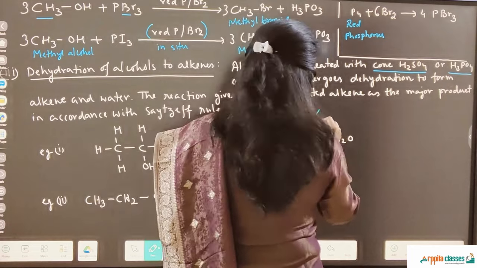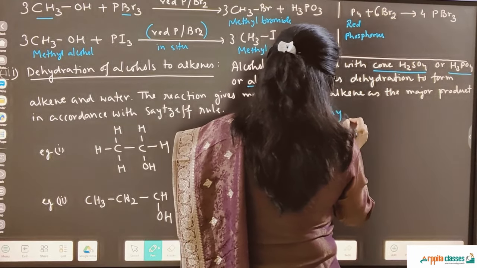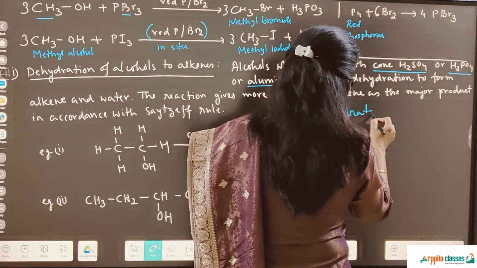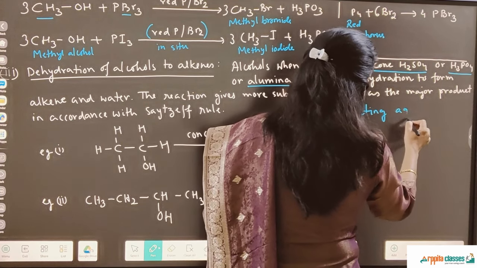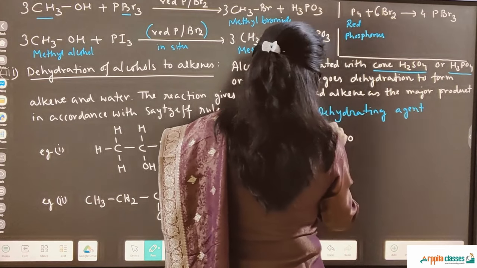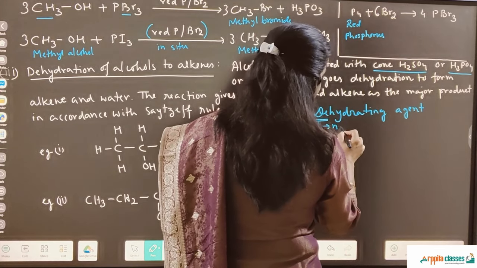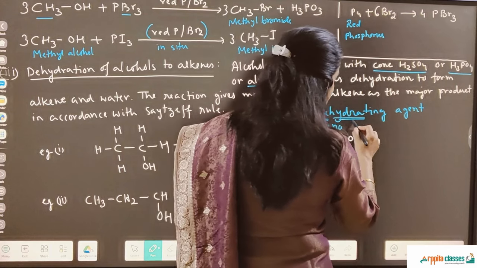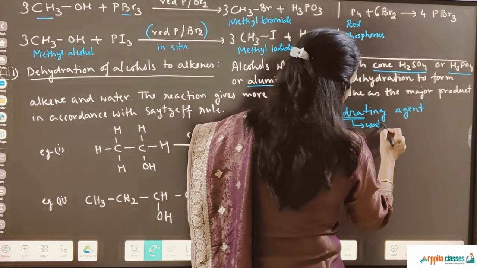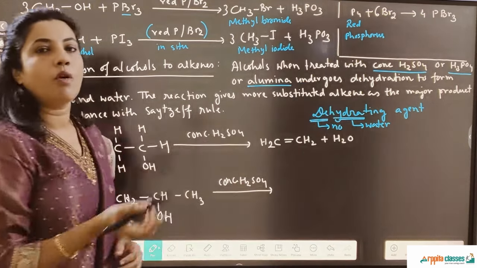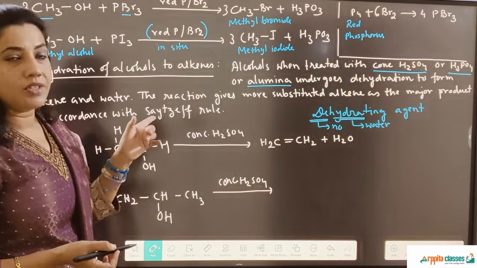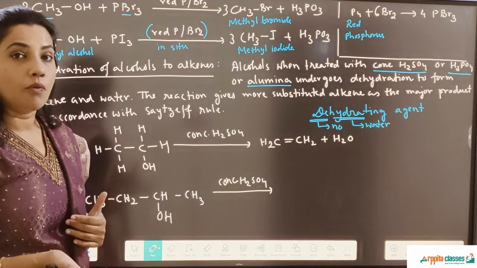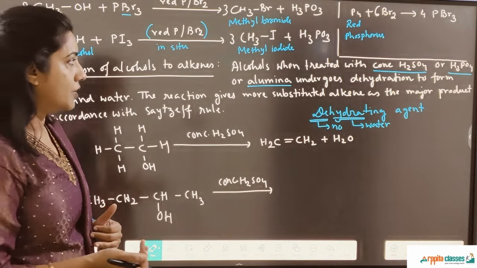What do you mean by dehydrating agent? Here de means no or removal, hydro means water. So no water, or you can say removal of water. These three reagents help in removing water, so they are called dehydrating agents.